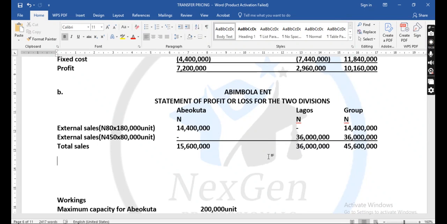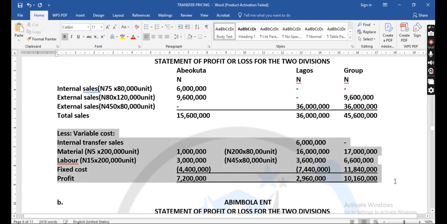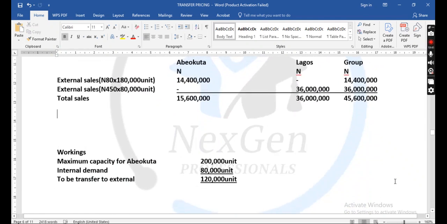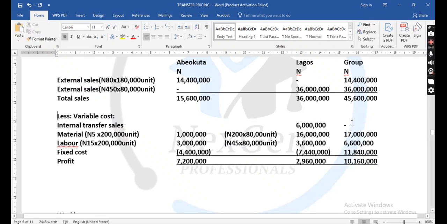If you do not understand, let me know. Wait, let me finish first. So I'll quickly copy this again. Mind you, there is no internal sales again.